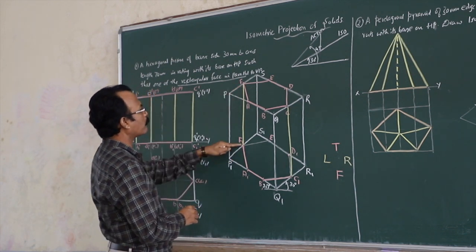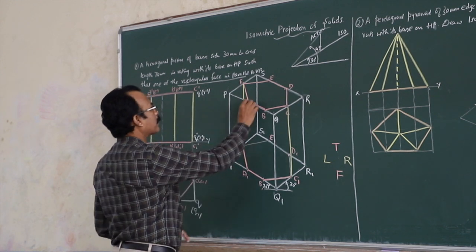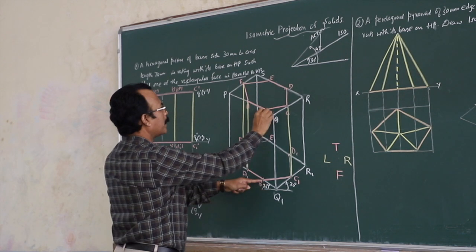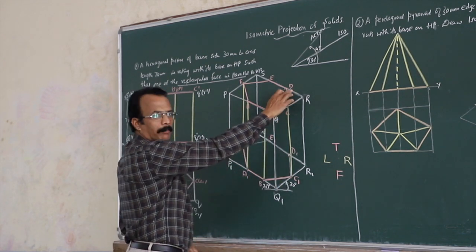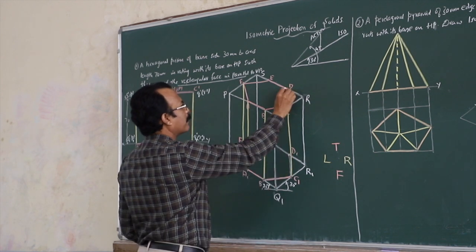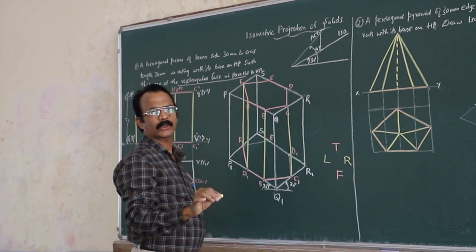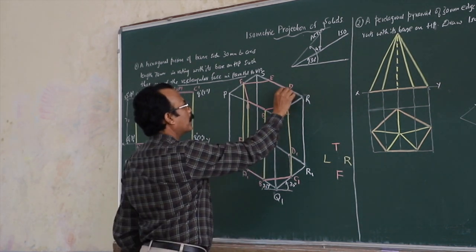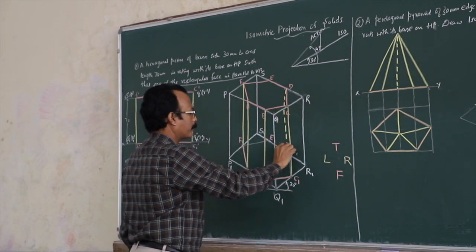See, since F1 is visible, A1, the longer edge A1 is also visible there. Then next B1 is also visible. C1 we have already completed, and when you take D1, since it will be crossing here, and as you learnt in solids, right, no two solid lines will cross, so it must be a dotted line here, D to D1.